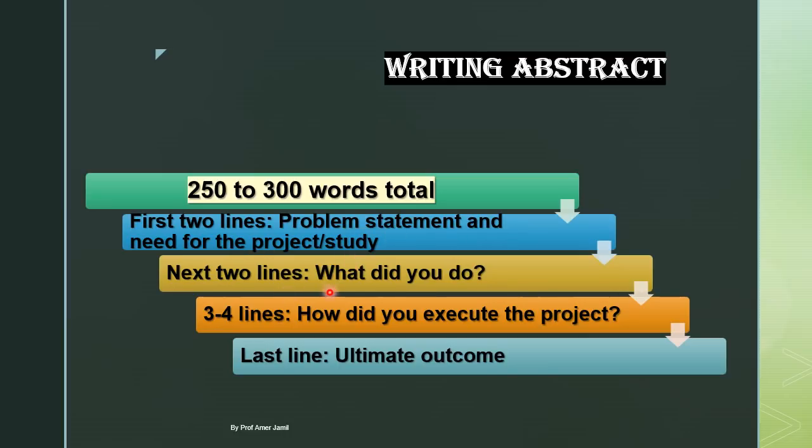Then the next two lines should say what you did and how you executed the project, just a brief 3 to 4 lines on the methodology. And then finally, what was the ultimate outcome of the project. So basically, the abstract is a précis of all the chapters you have written so far.